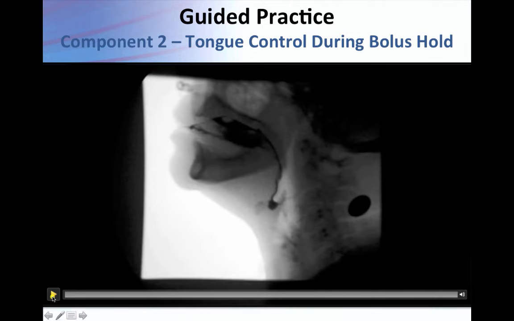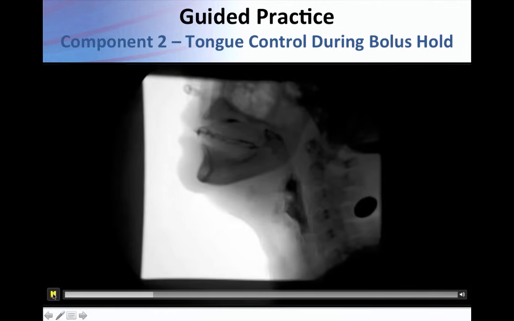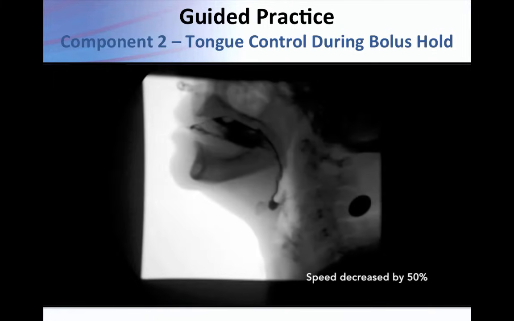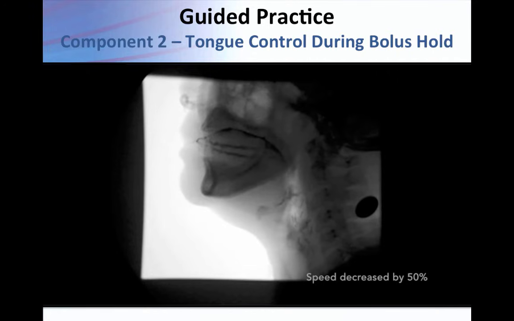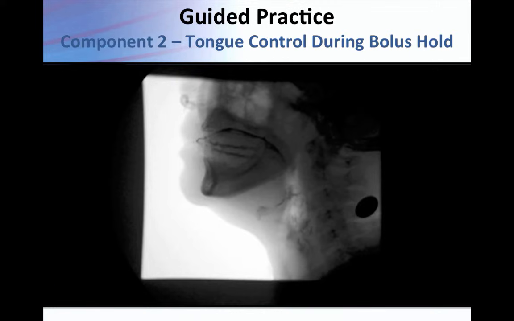So let's look at this example. I'm going to play it through. Watch the swallow in its entirety. And I will go back now. It makes it a little challenging because this patient has his head slightly back.